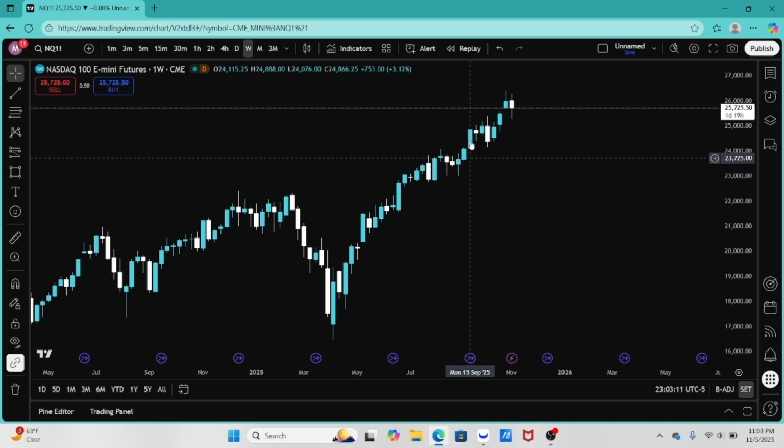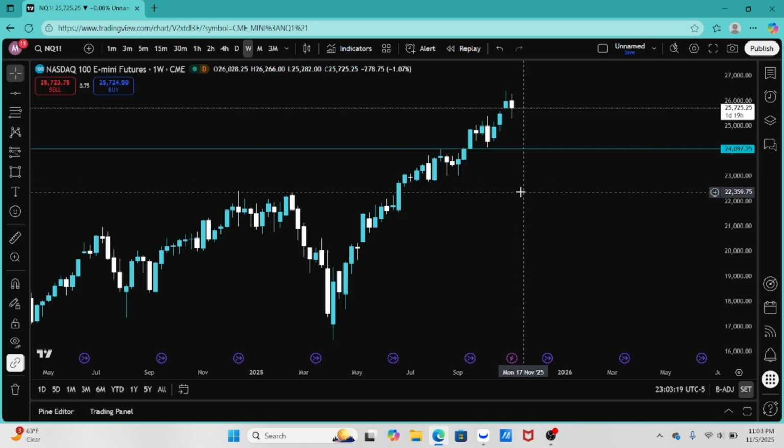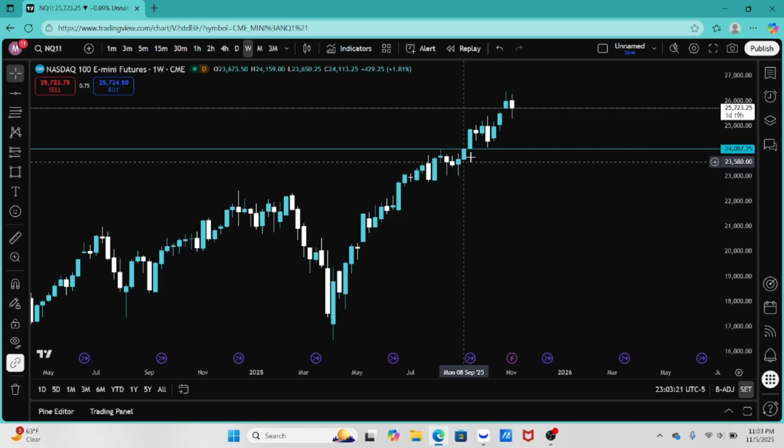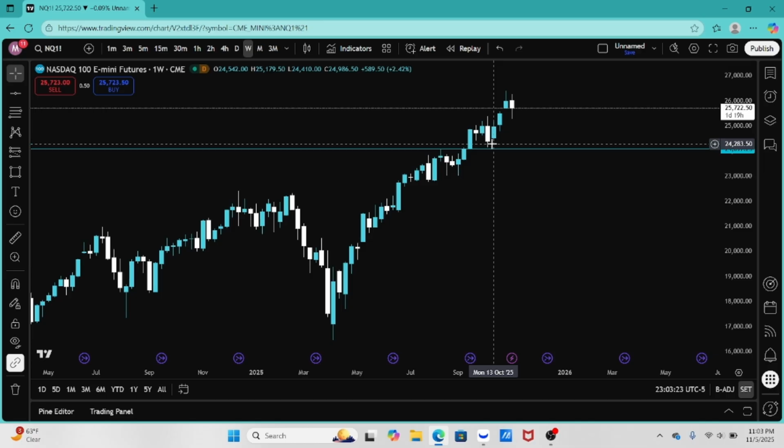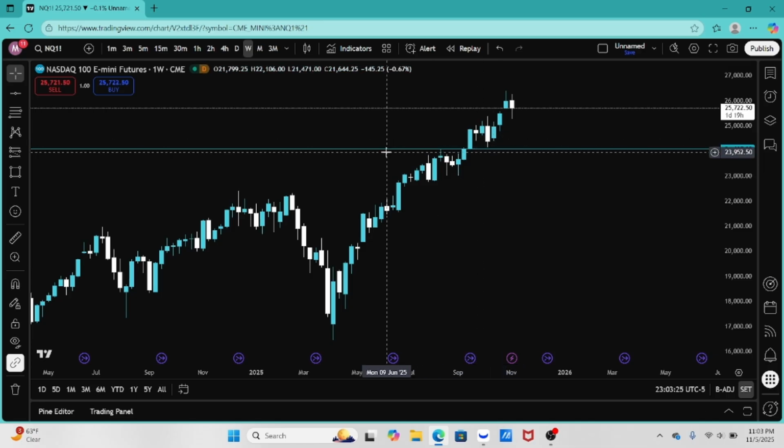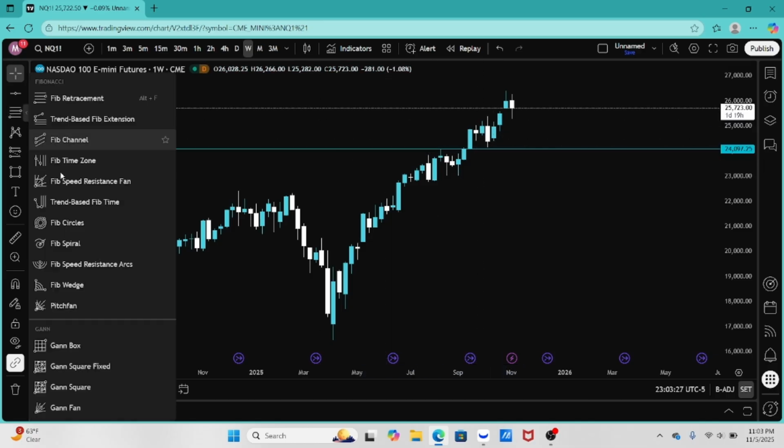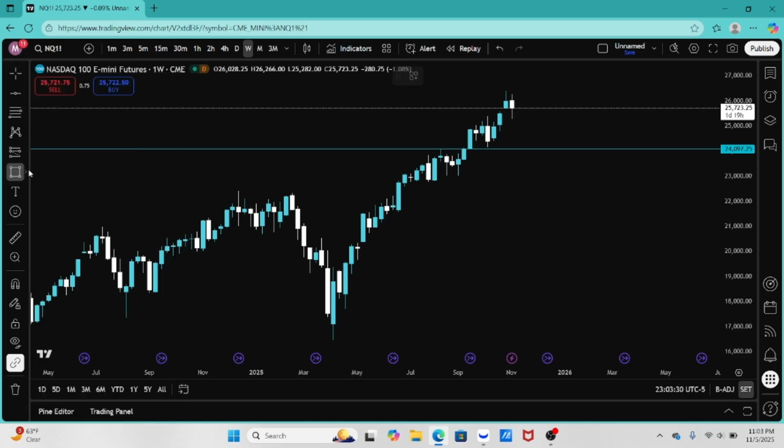Jumps around a little bit, creates a new high, we break over this high right here. Price comes up, comes back down into a fair value gap. Little tiny fair value gap right in there.